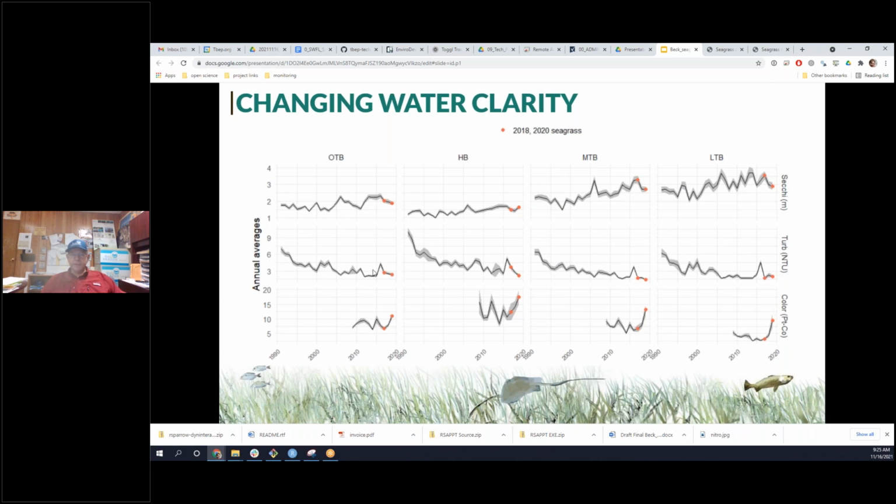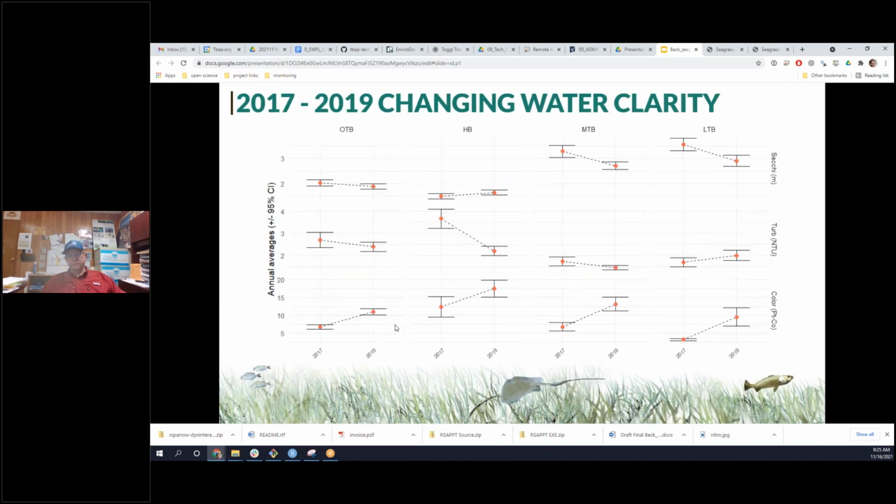Long-term record here, but highlighting the 2017 and 2019 years for the water quality, what the changes were between those year pairs. If we pull out those two year pairs for all these measurements by bay segment, we can get a picture of what those changes have been as a means of maybe driving those changes in seagrasses.